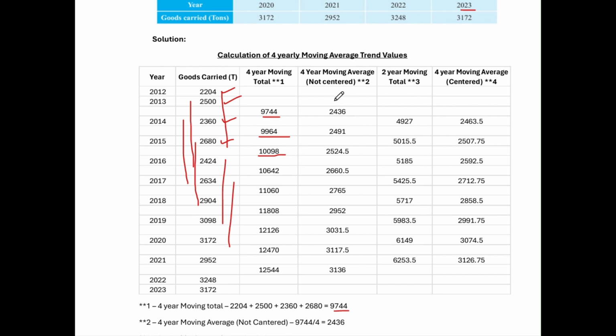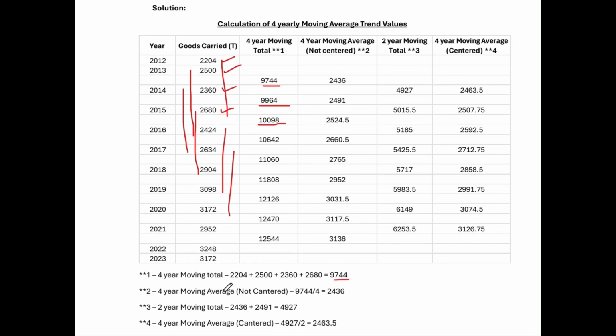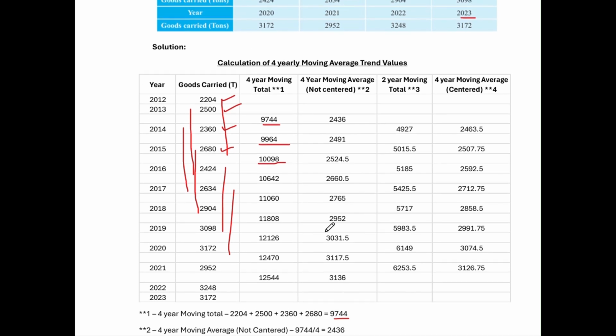Now the next step is to calculate the 4-year moving average. This is not centered. The 4-year moving average is the respective total divided by 4.